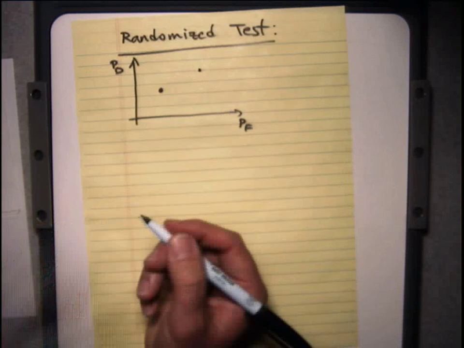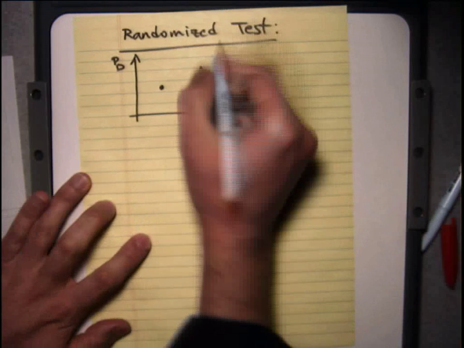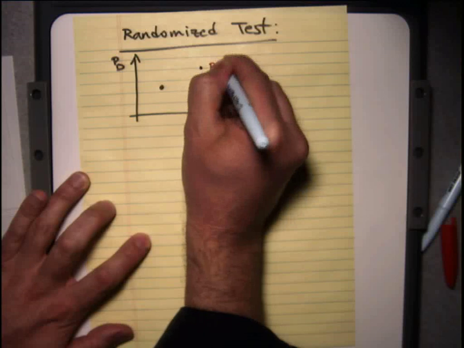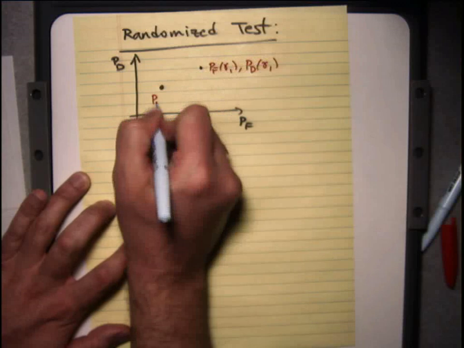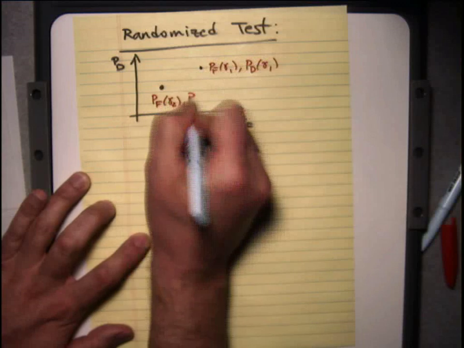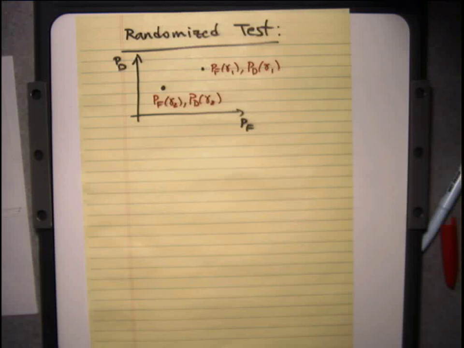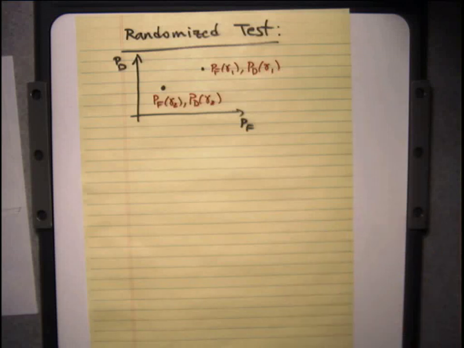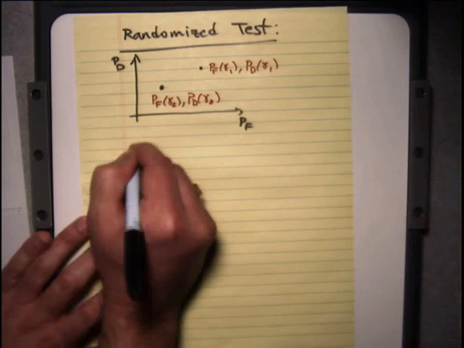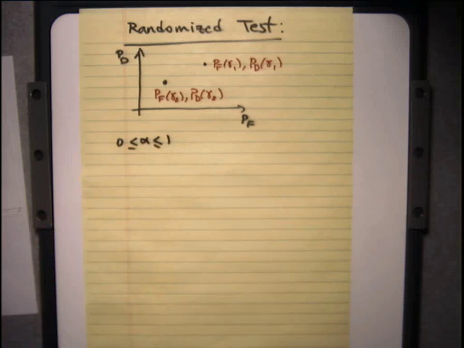Let's say this point is PF of gamma 1, PD gamma 1, and then this point is PF gamma 2, PD gamma 2. And now, what I'm going to do is define a parameter alpha, which goes between 0 and 1.